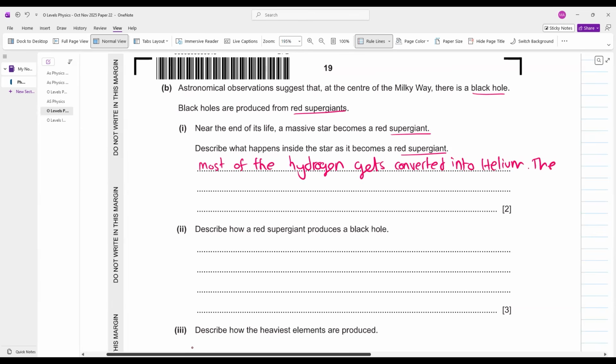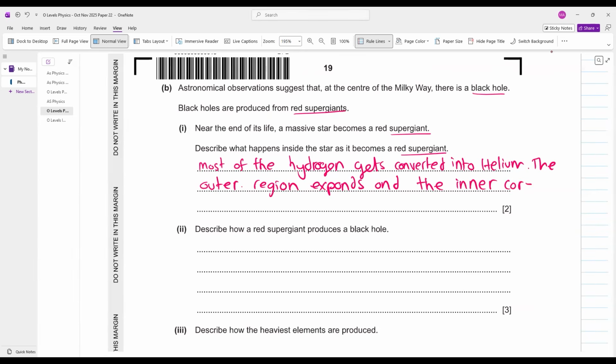The outer surface, or you can say outer region, expands and the inner core contracts. Simple.